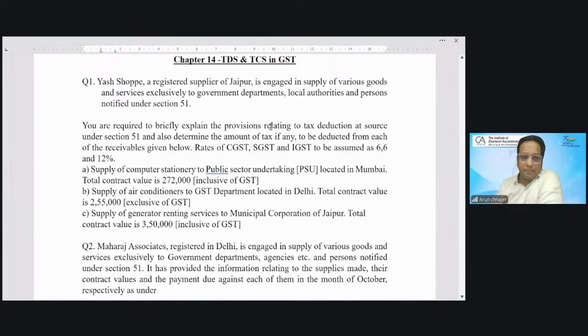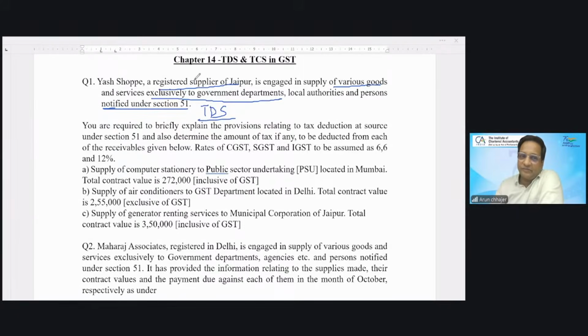Now, second chapter. Yash, a registered supplier of Jaipur, is engaged in the supply of various goods and services exclusively to the government department, local authority, or person notified under section 51. What is the rate of the TDS which the government will deduct?